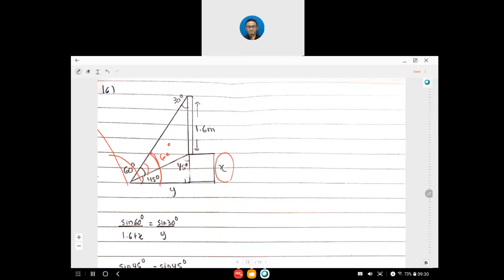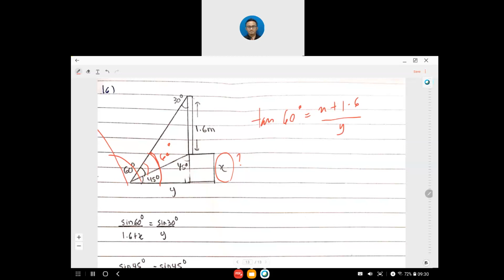So, guna je macam tadi, formula tangent tu. Okay. Tangent what? Tangent 60 degree equal to x plus 1.6 over apa ni awak buat y. Okay, y. Because you want to find what is x. Okay.